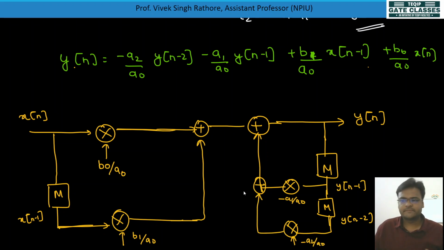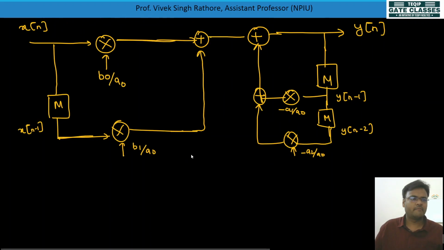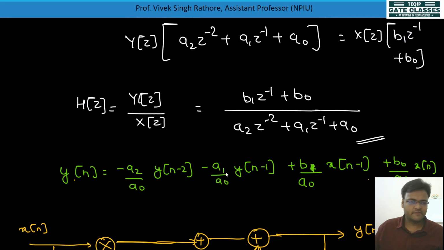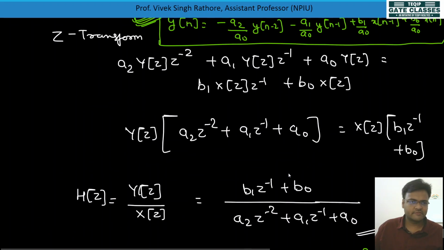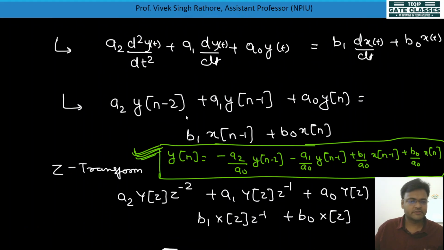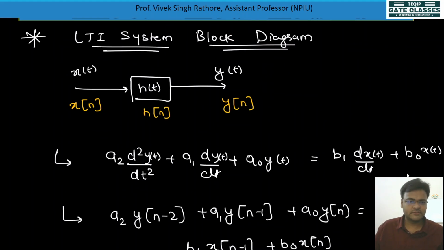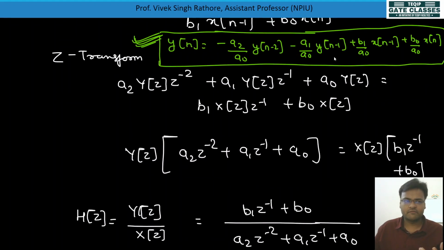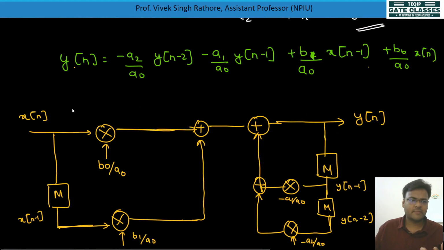So this is the block diagram which is formed from this equation. How did this equation come from the difference equation, and the difference equation from the differential equation, and that from the physical system? A physical system can be realized in differential equation, then difference equation, then equation of y of n, which can be realized by this block diagram.